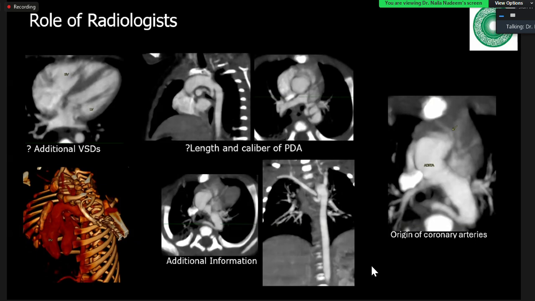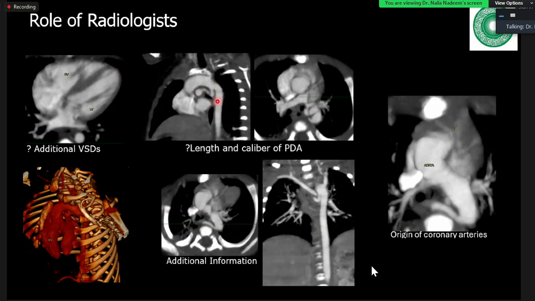The same case now: their expectation from us is that we would look at the interventricular septum very nicely and see if there are any additional VSDs. Is there a PDA which is patent?